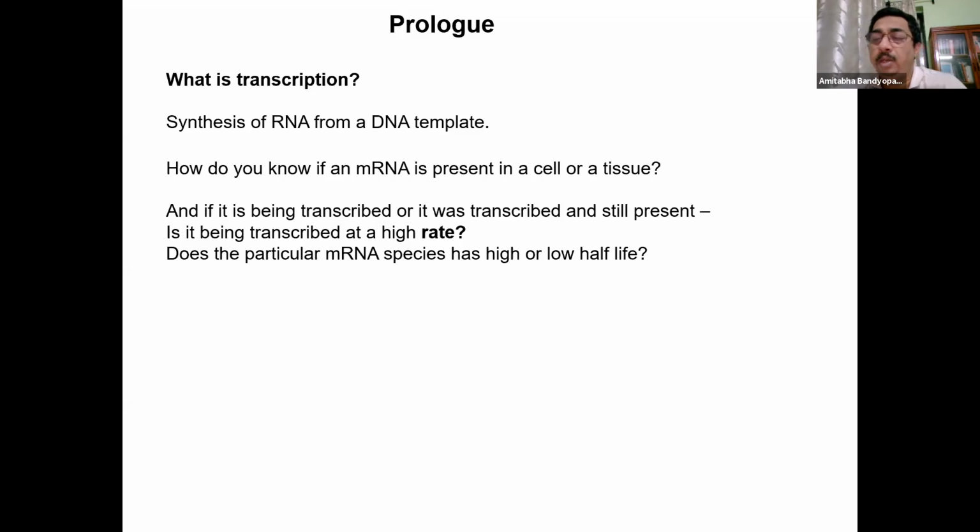How is it a rate issue? Where it is not being transcribed, there it is being transcribed at a very low rate that is not even perceptible. Somewhere it is being transcribed at a modest rate, somewhere it is being transcribed at a very high rate.